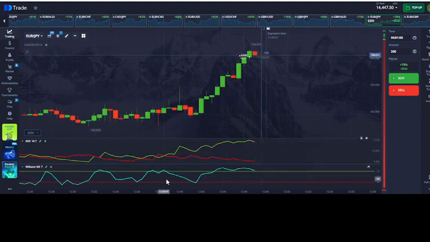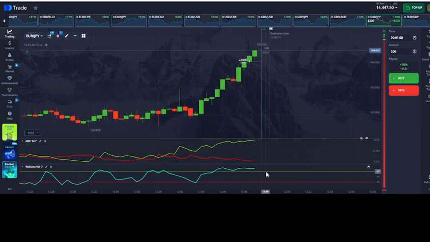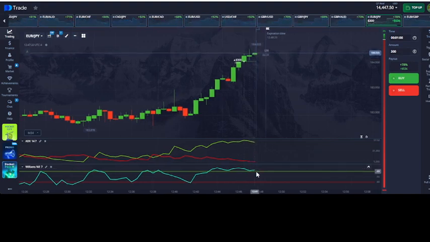In addition to that, the Williams percent R line has crossed above the -20 line here and continues to remain above the line, which tells me that there's going to be a continued bullish momentum. So we have the combination of the divergence and the Williams percent R line above the -20 line here.